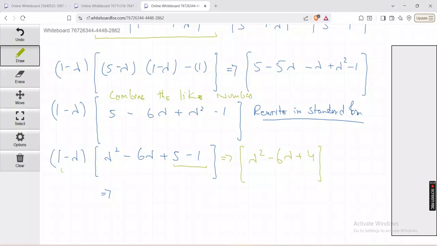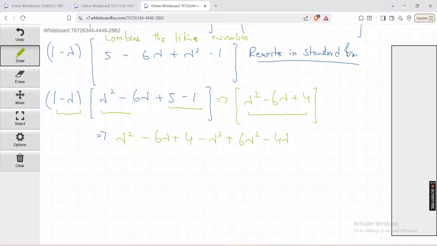Now multiply this with 1 minus lambda. What you will get is lambda square minus 6 lambda plus 4 minus lambda cube plus 6 lambda square minus 4 lambda.